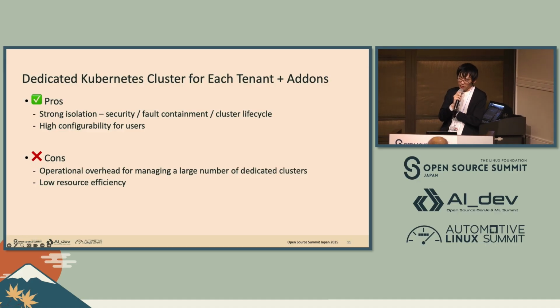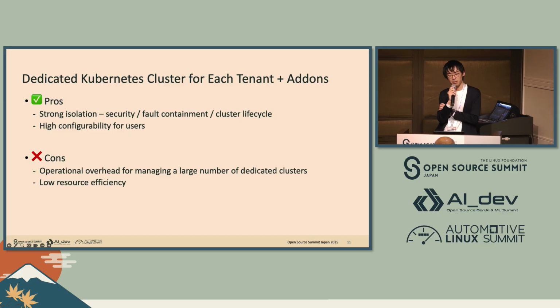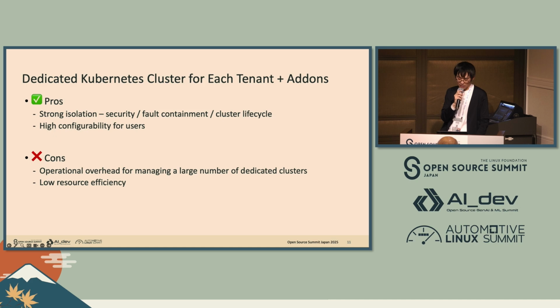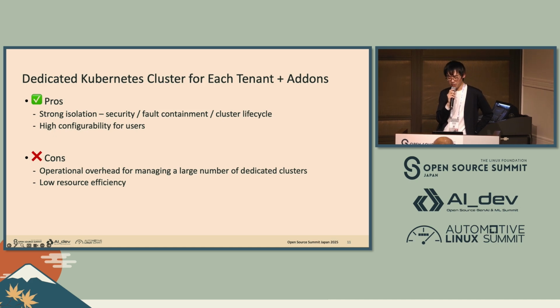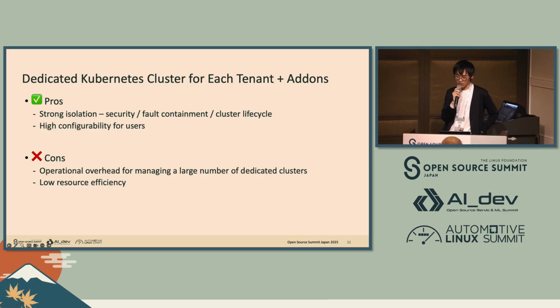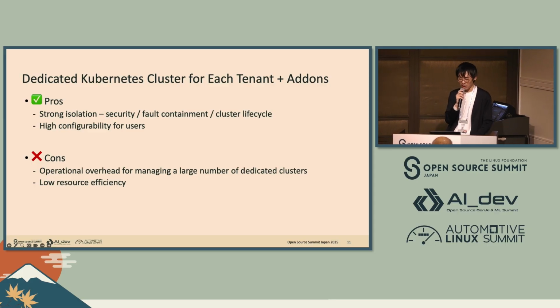There are many benefits that come from this separation. And another advantage is a high level of customization. Since each tenant gets its own dedicated cluster, they can customize it freely. For example, they can grant administrative privileges inside their cluster and manage it the way they want.